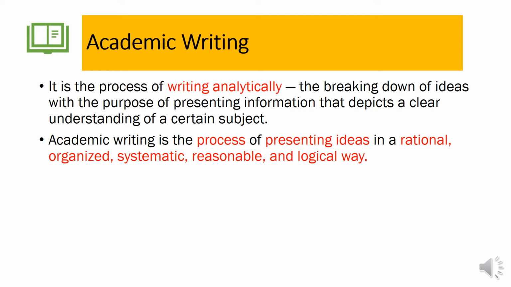It means that you have to break down ideas with the purpose of presenting information that displays a clear understanding of a certain subject. Academic writing comprises the process of presenting ideas in a rational, organized, systematic, reasonable, and logical way.